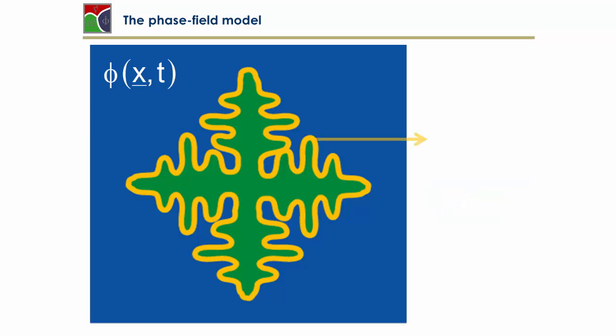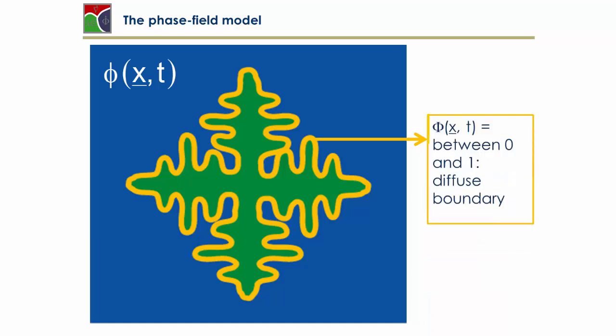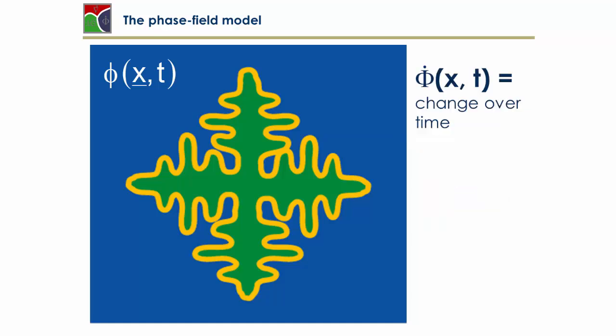And then there is a transition between the 0 and the 1, which occurs over a diffuse boundary. But actually we are not interested in the static description of a microstructure, but we want to see its dynamic evolution. So we want to know what the function phi dot looks like.